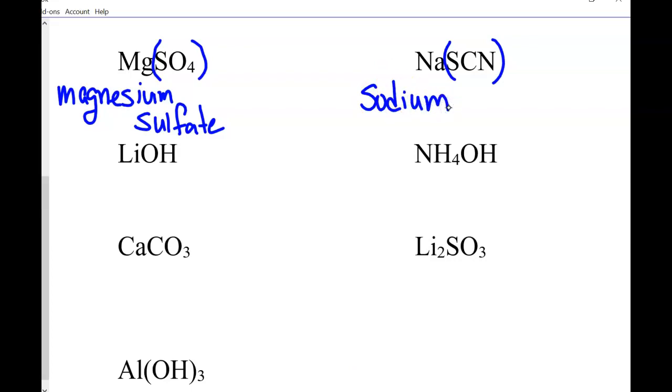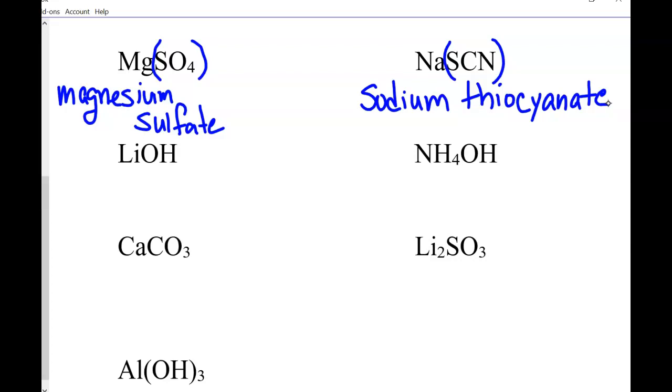Sodium. And SCN is called thiocyanate. You might notice that CN by itself is another polyatomic ion, and CN is cyanide. So SCN is thiocyanate. They're related to each other.